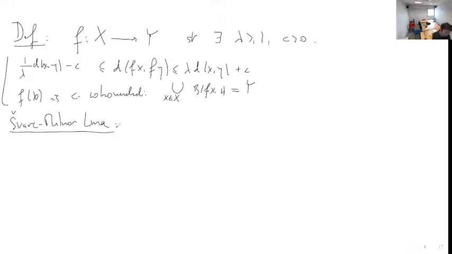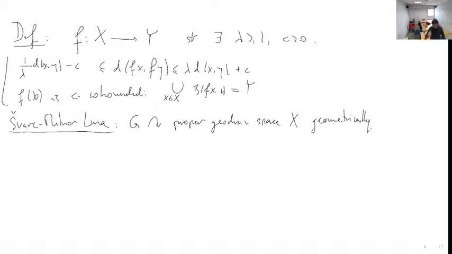It says that if G is acting on a proper geodesic space X geometrically, let me remind you that it means that the action is by isometries, it is properly discontinuous and also co-compact.